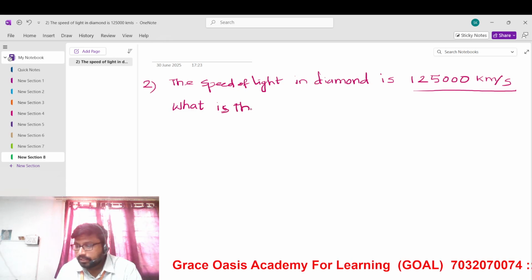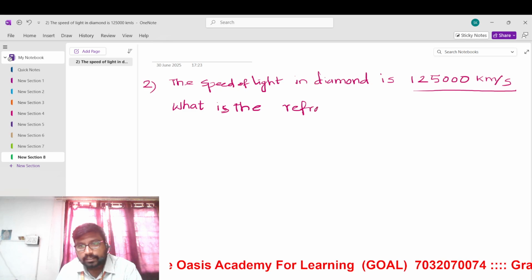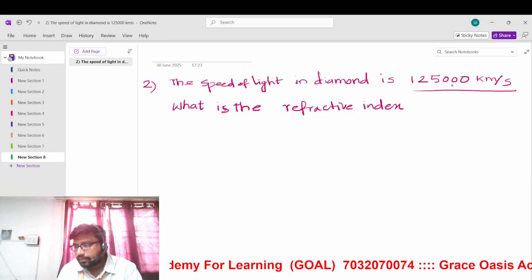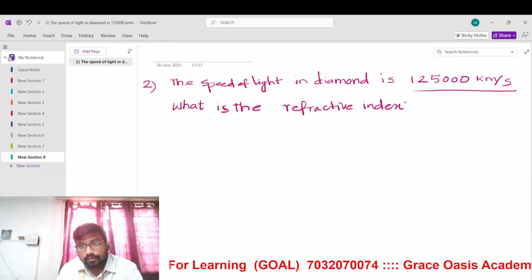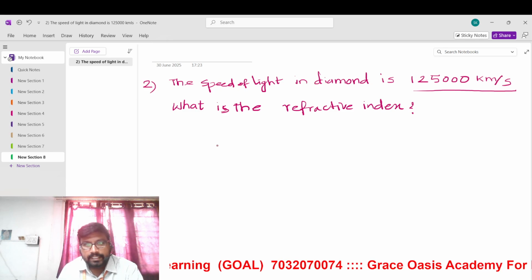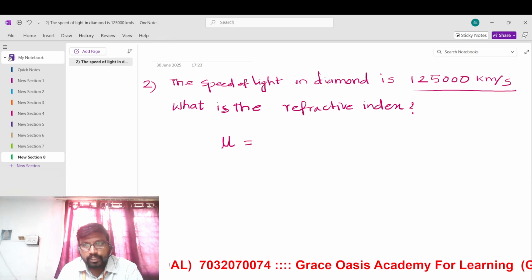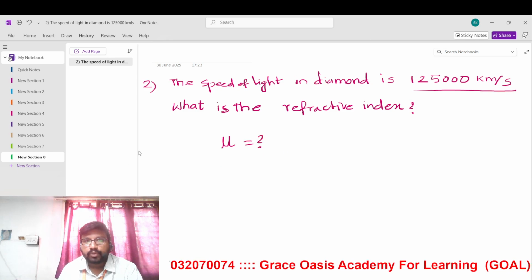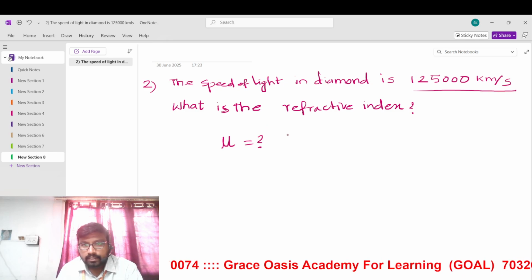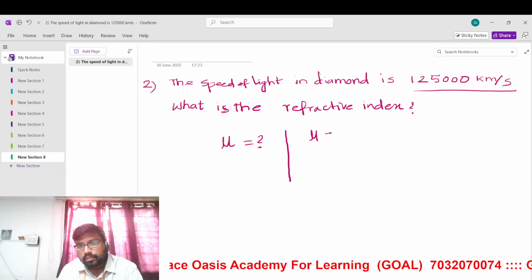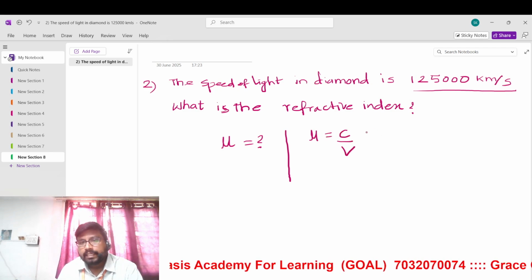What is the refractive index? Again, same question. So here mu we need to find it. General formula is mu equals to c by v, right? C is default.